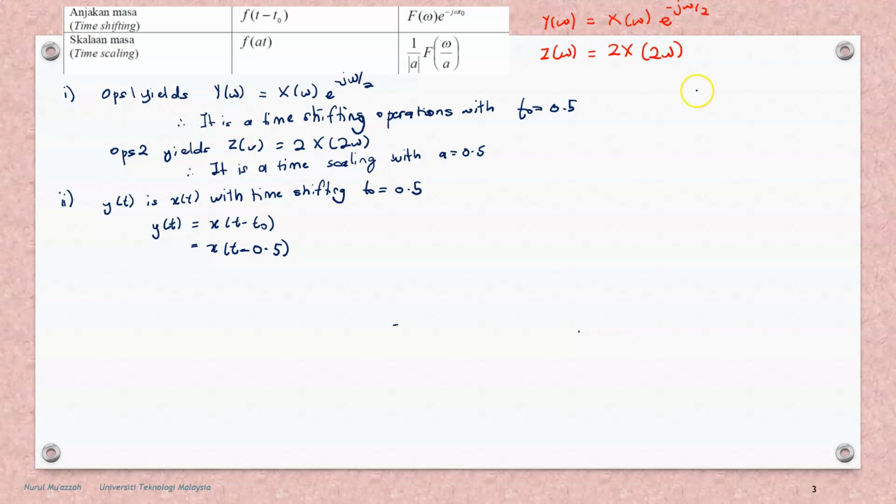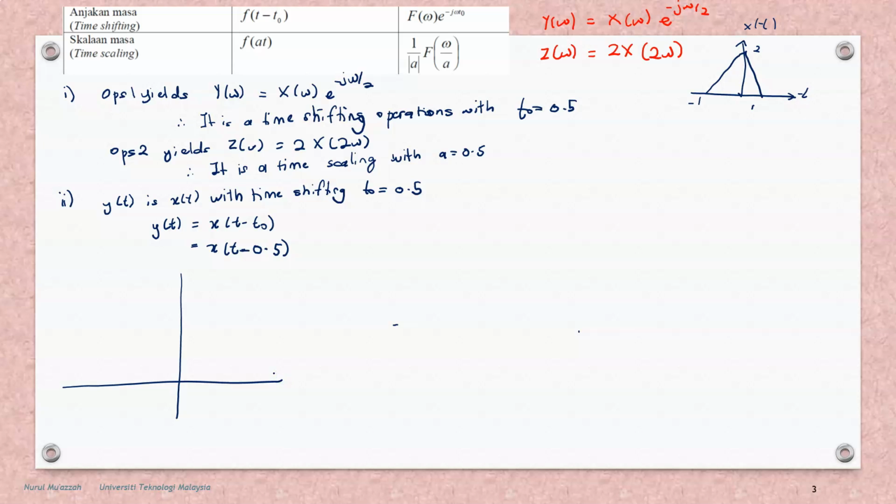We know that x(t) is given as a triangle signal with amplitude 2, and the time is from -1 to 1. From here we draw another triangle, but the triangle has been shifted by 0.5.